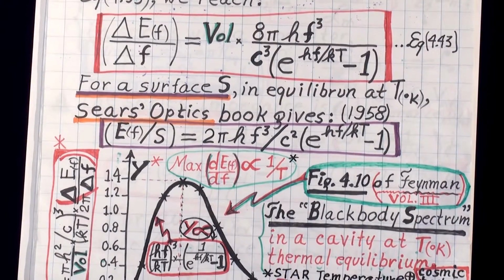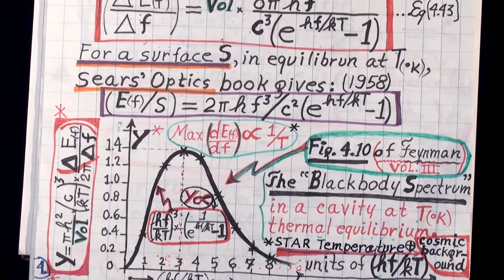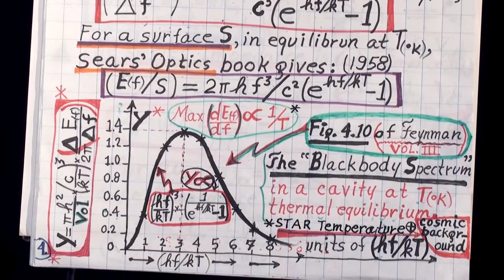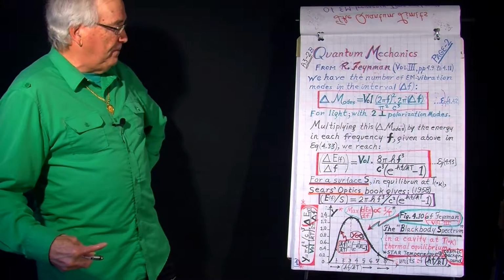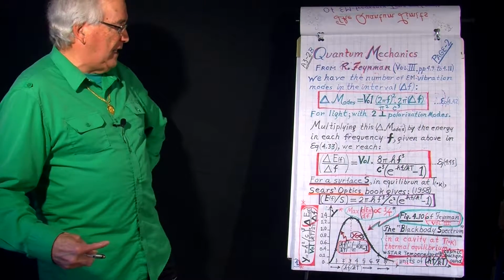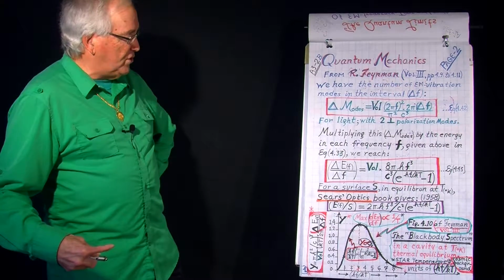This is the equation of what we call the electromagnetic spectrum of a black body, and if you plot HF over KT to the third power multiplied by 1 over e to the power HF over KT minus 1, this looks complicated, but anyway, if you plot this as a function of HF over KT, you realize that the maximum will be at the value 3.